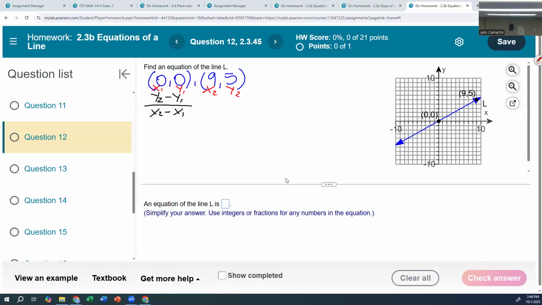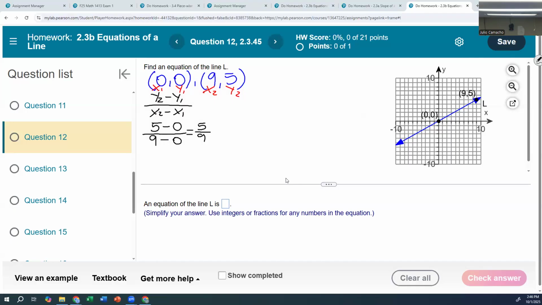So I replace these mathematical symbols with numbers. y2 is a 5 minus y1, which is a 0, and then x2 is a 9, and x1 is a 0. So my slope is 5 over 9. I can do nothing with that because 5 is a prime number.